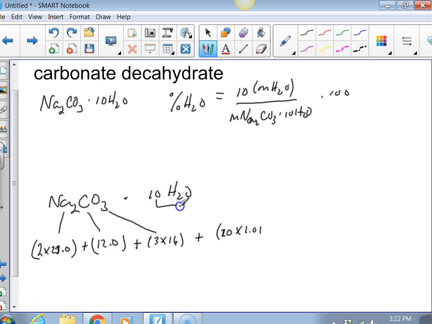The reason for that is 10 times 2 is 20 times 1.01, which is hydrogen, plus 10 times 16.0.